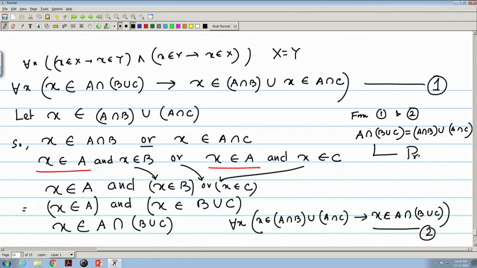So part 1 of the distributive laws of sets is proved, and similarly we can prove part 2 also.